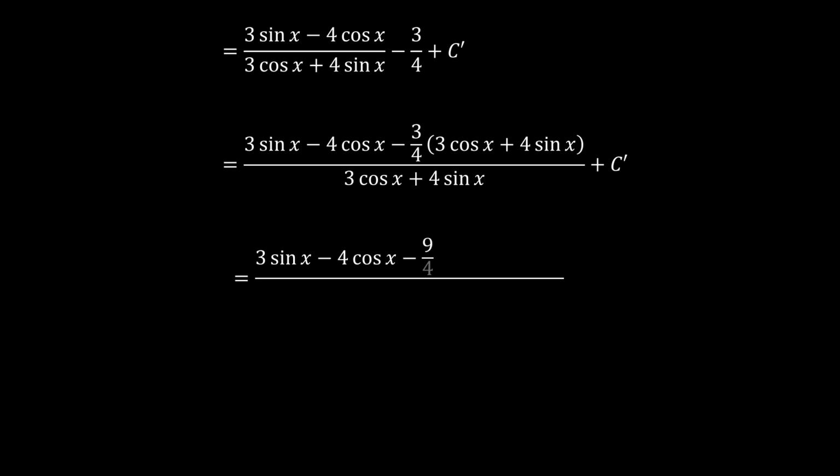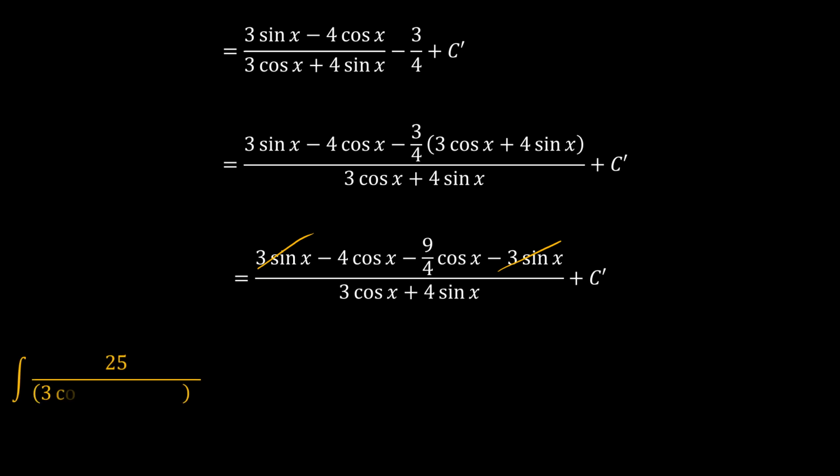And so we see that we have negative 4 cosine x subtracted here, and we have 3 sine x, so this and that go away. And then when you add this together, you get negative 25, and then the 4 comes back into the denominator.